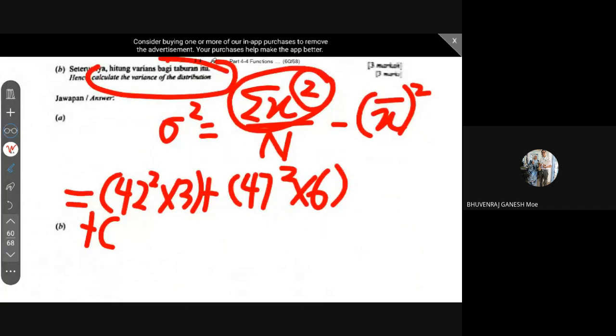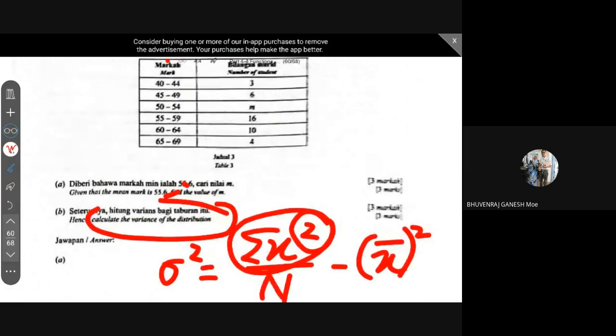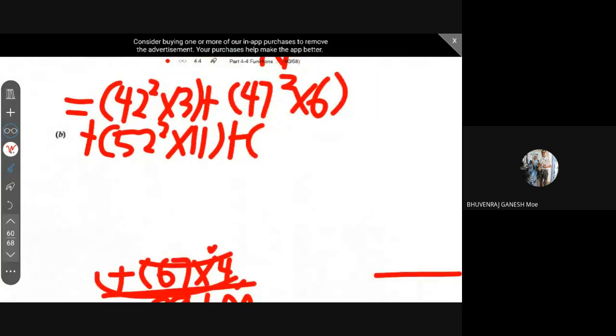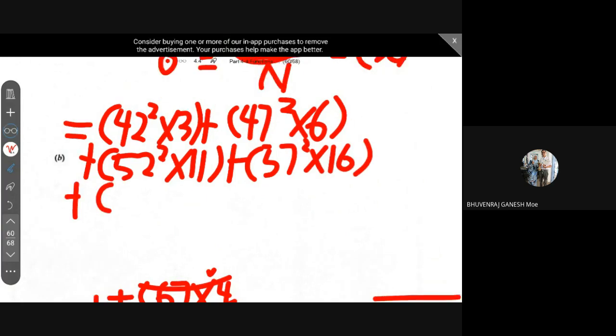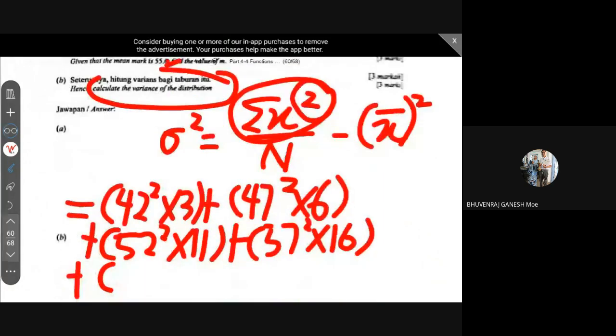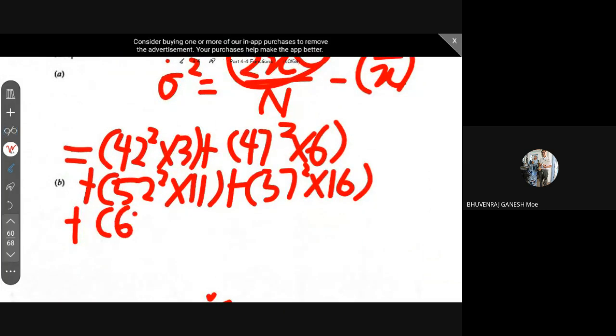52 squared times m, which is 11, plus 57 squared times 16, plus 62 squared times 10. Be careful when you put this in your calculator because there are a lot of squares.